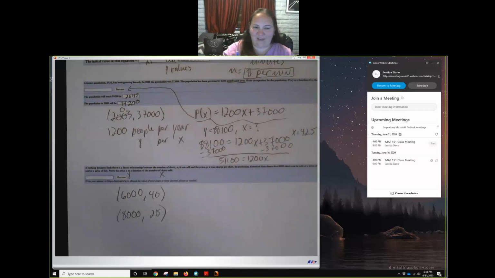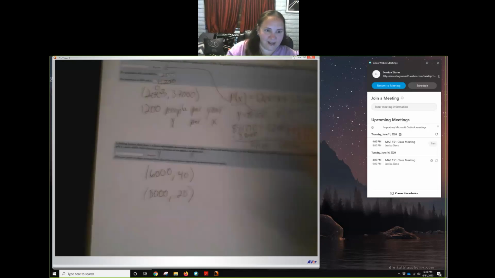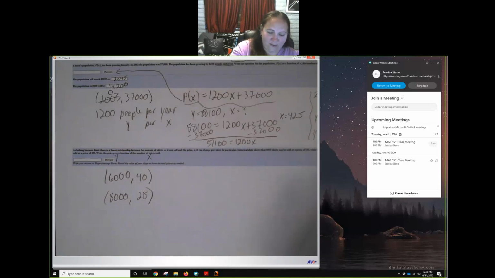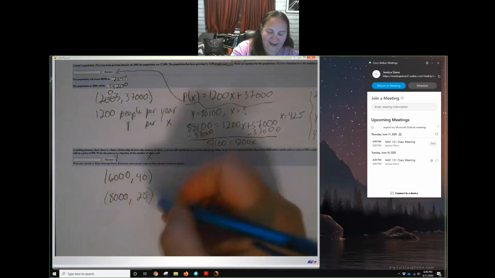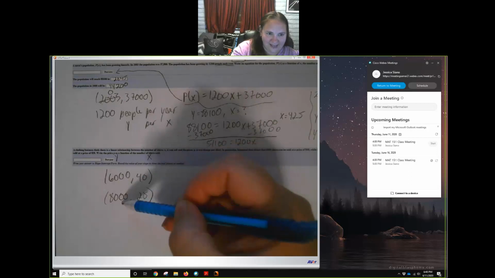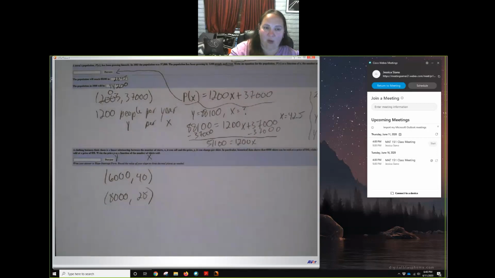So here P is a function of N. My prices are my y's, and my number of shirts sold are my x's, because it's always y is a function of x. So here, price is a function of shirts sold, which means number of shirts sold is x and price is y.